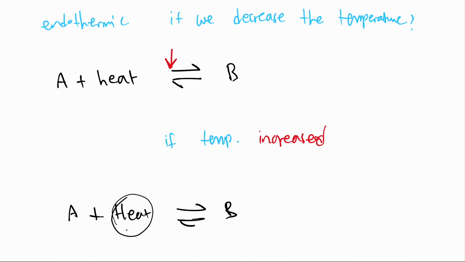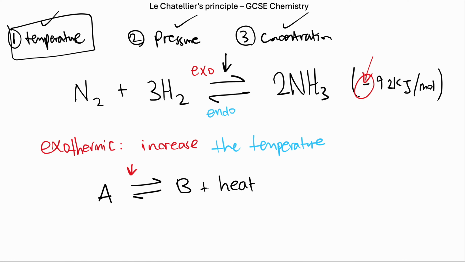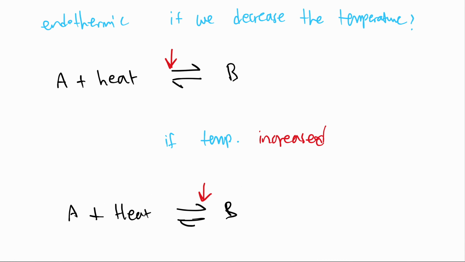And therefore, equilibrium would need to shift towards the right in order to balance and even out the heat. So in simple terms, just consider heat to be one of either the reactants or the products. Just make a simple equation like this. And just imagine, depending on whether your reaction is endothermic or exothermic, what would happen to the heat. And then just balance the heat out in the opposite direction to make an equilibrium.